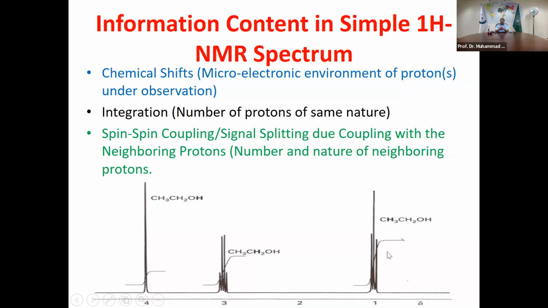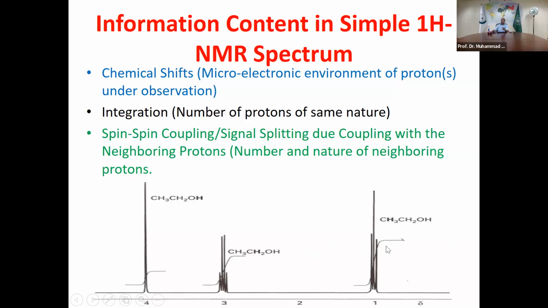And this makes NMR an extremely powerful technique because it gives you not only the electronic and chemical environment, which means the structures, but also the neighboring protons. For instance, in this case, CH3 is split into 3 peaks due to CH2, right?